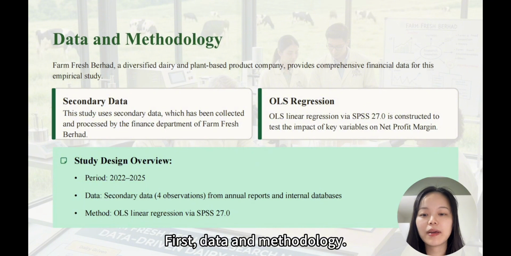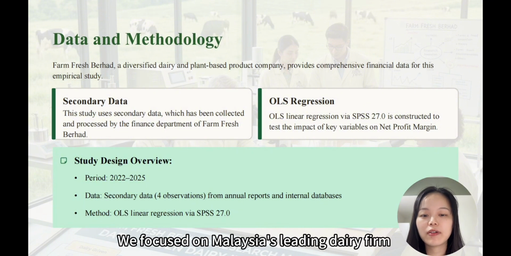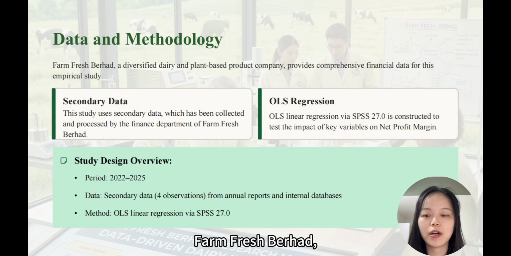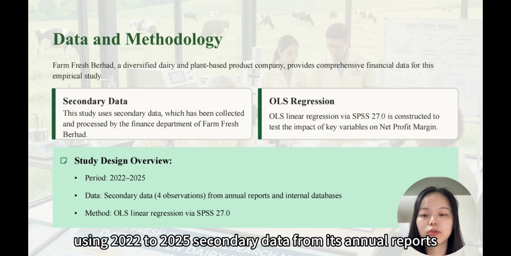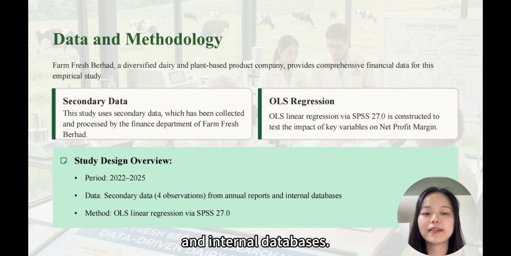First, data and methodology. We focus on Malaysia's leading dairy farm, Farm Fresh Berhad, using 2022 to 2025 secondary data from its annual reports and internal databases.